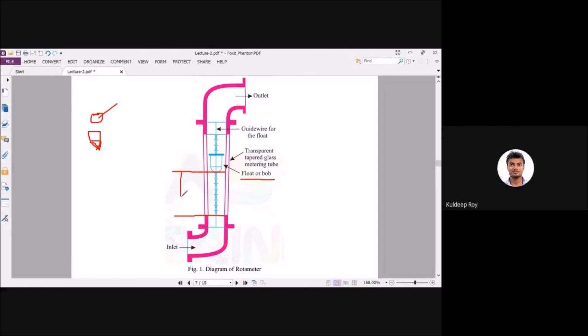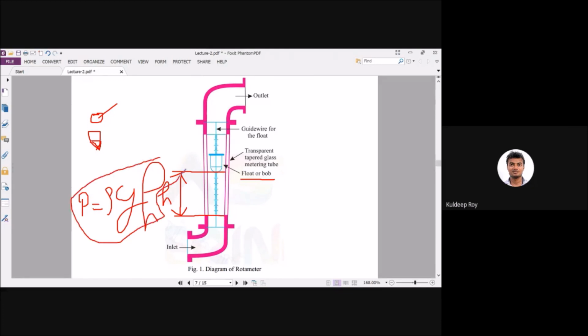This change is called H. Then the same thing applies if you want to determine the pressure. Pressure equals rho g h. Then you can easily determine the pressure at this point, how much pressure it is creating to flow.